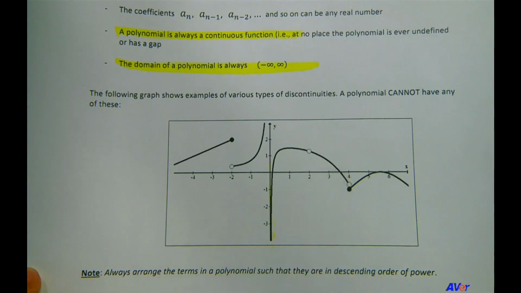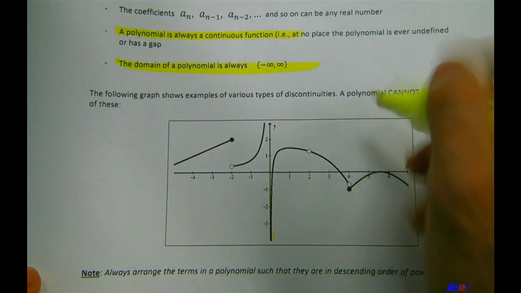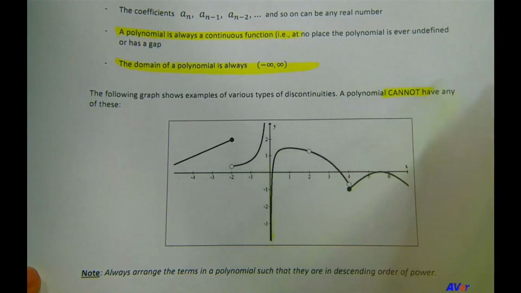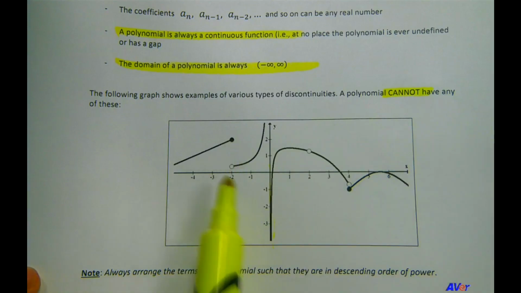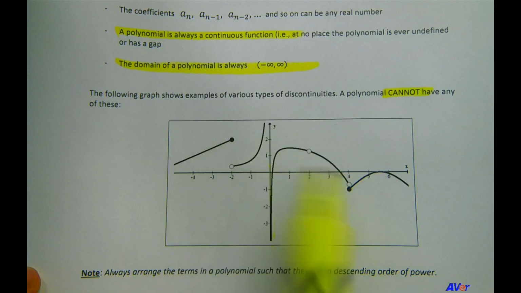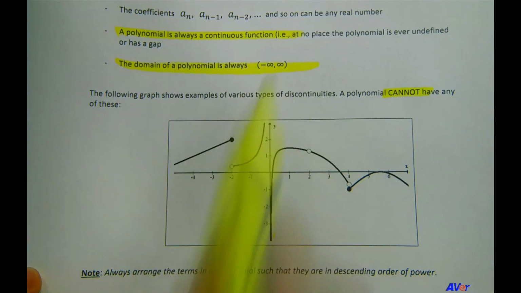That's a discontinuity. So what's the point of this graph? It's saying that a polynomial cannot have discontinuities and gaps as you see this graph has. And that's why the domain is always negative infinity to infinity.